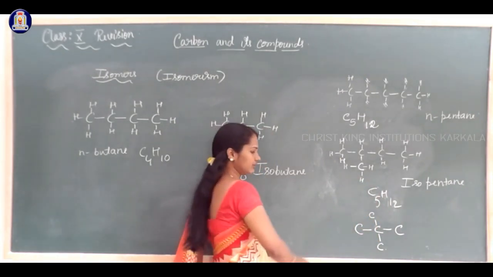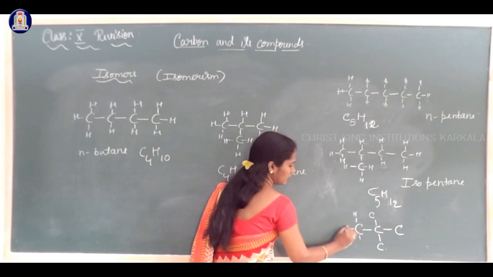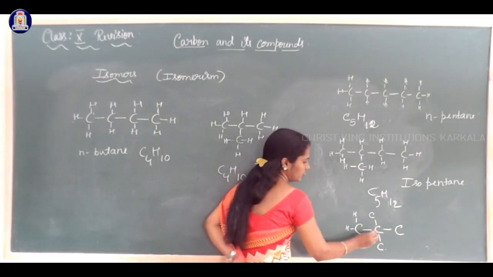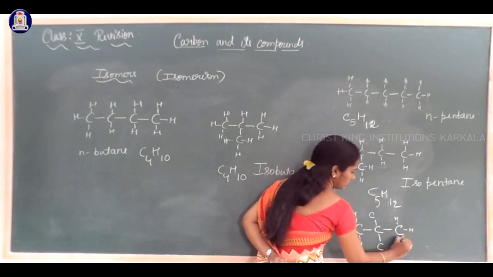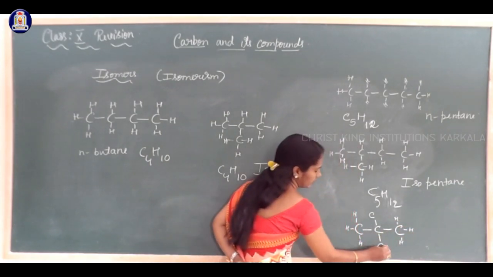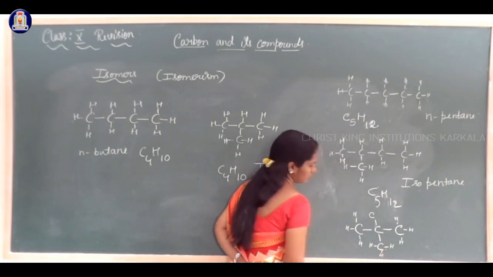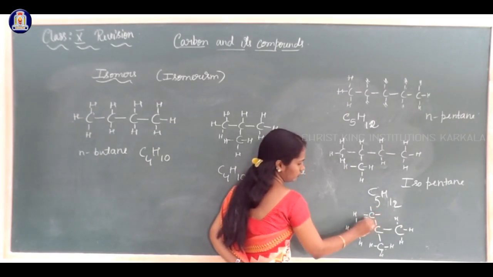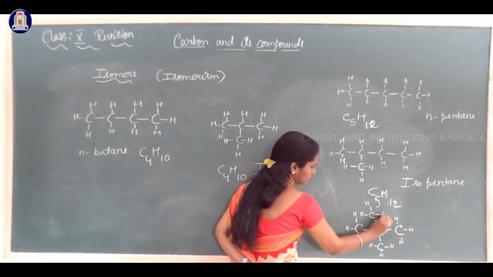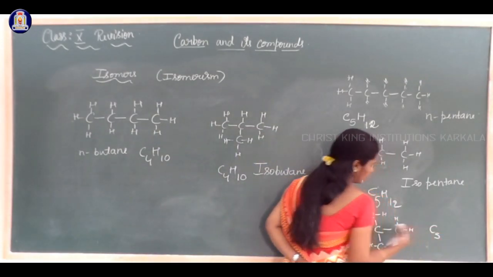To complete the valency, 1, 2, 3, 4, that is hydrogen. Here this carbon 1, 2, 3, 4. For this carbon 1, 2, 3, 4, that is hydrogen. Now count carbon, already 5 are there. How many hydrogen?